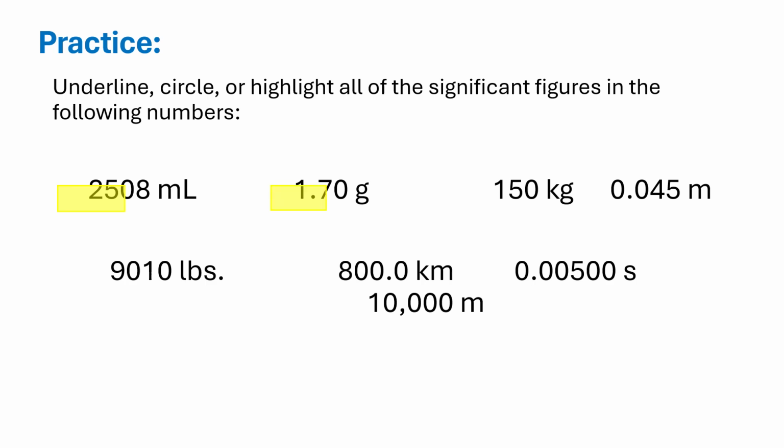The next one, 1.70, also all of them, because that 0 is a trailing 0 and the number contains a decimal, right? 150 kilograms, what kind of 0 is that? That is a trailing 0, but the number does not contain a decimal, so it is just a placeholder and not considered a sig fig.